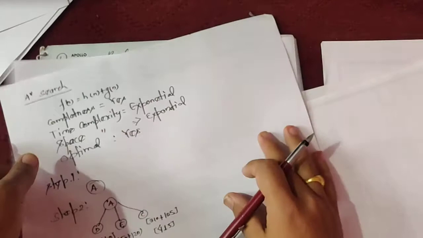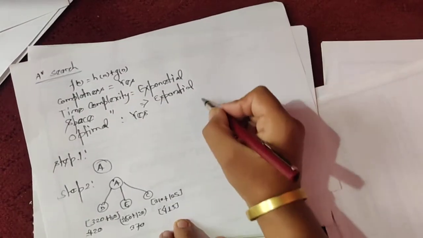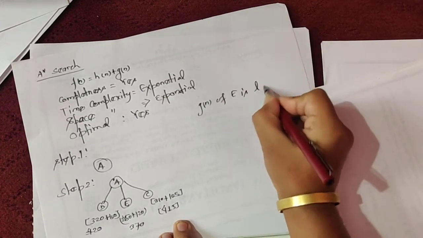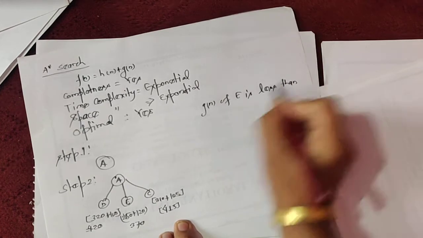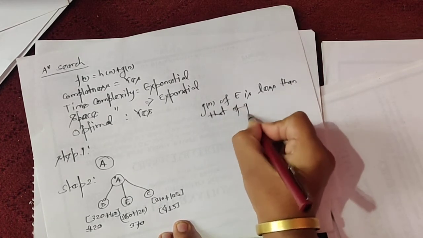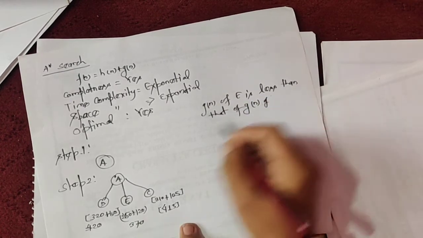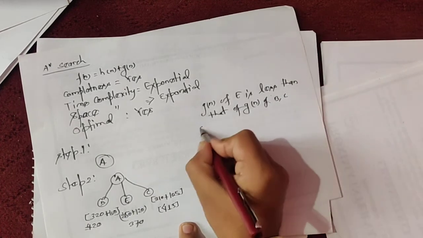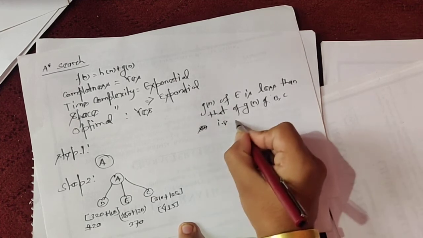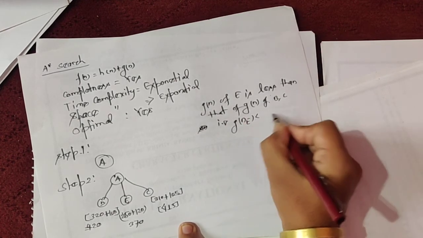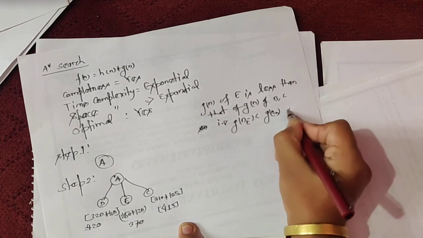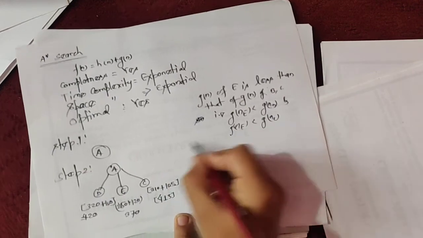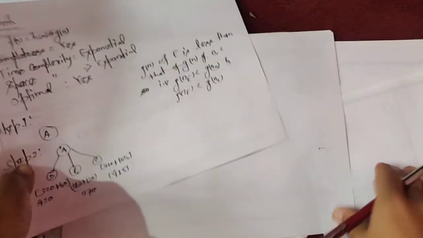So here, Gn of E is less than Gn of B, and Gn of E is less than Gn of C. So we choose node E. Again we explore it.